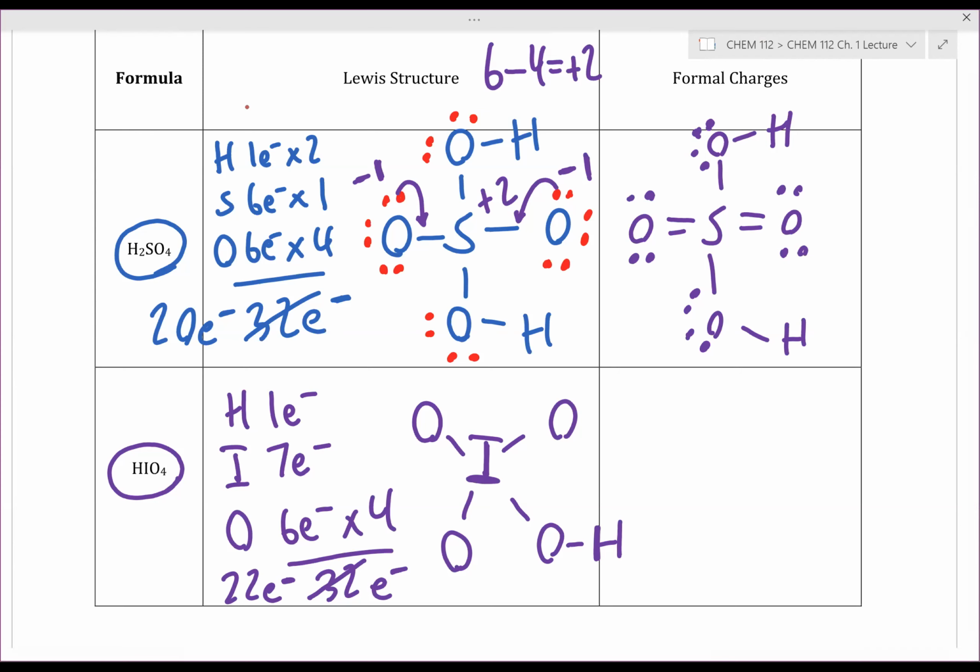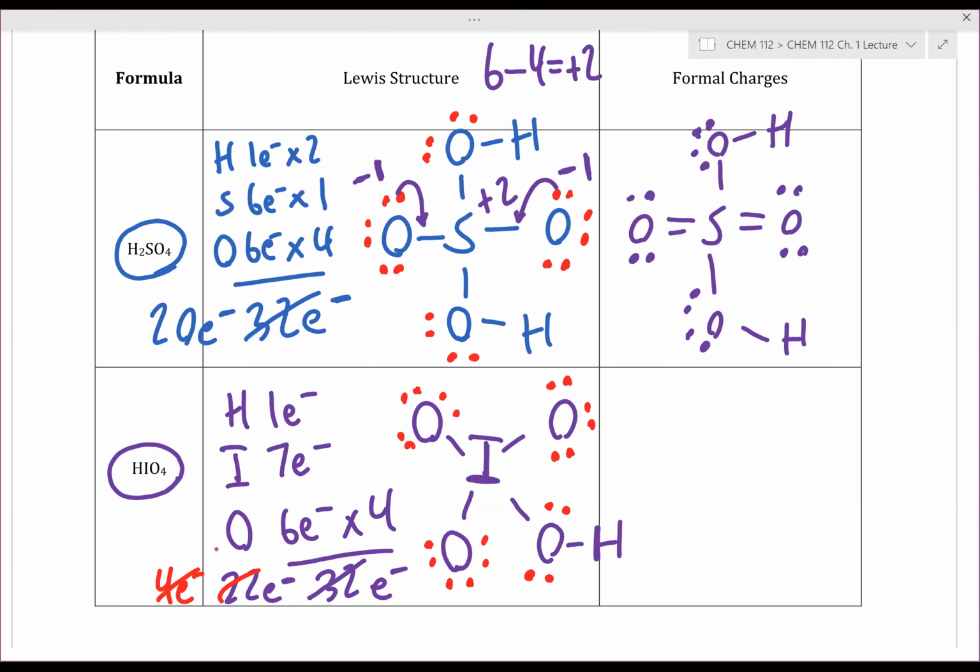Yep, 3. 1, 2, 3, 4, 5, 6, 7, 8, 9 lone pairs for a total of 18 electrons. So we have only 4 electrons remaining. Where do those last 4 electrons go? Is there an atom with an incomplete octet? The oxygen, yep. So it needs 1, 2 lone pairs for a total of 4 electrons. Perfect.